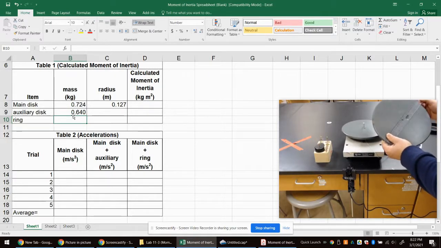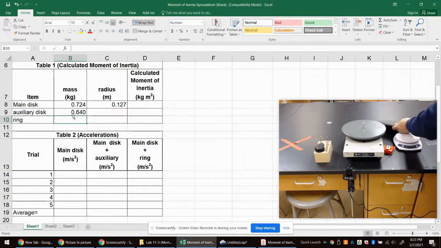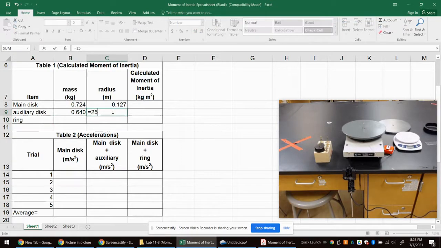That would be the diameter. This one comes out to be about 25.4 as well. Make sure we convert into meters.